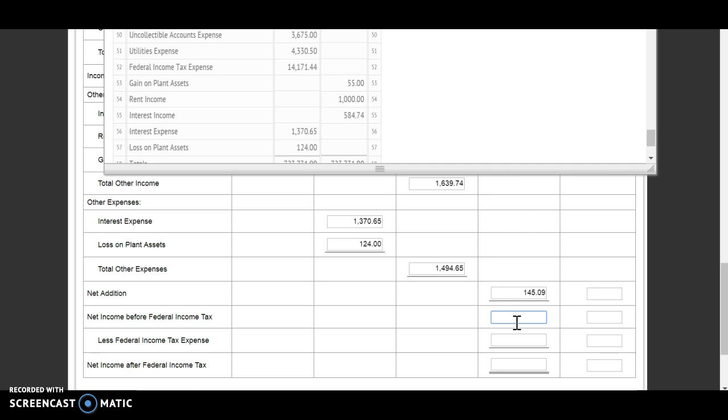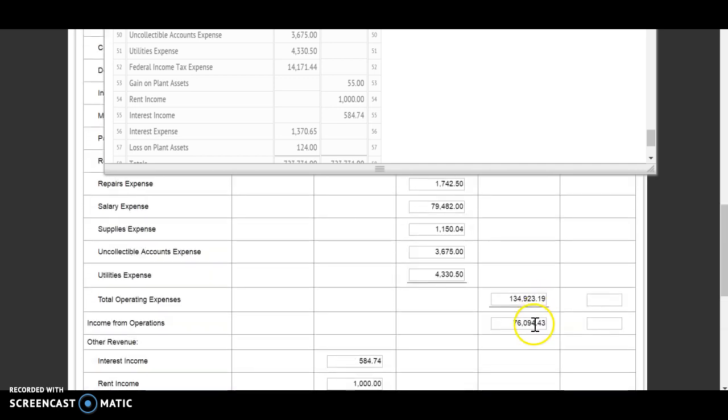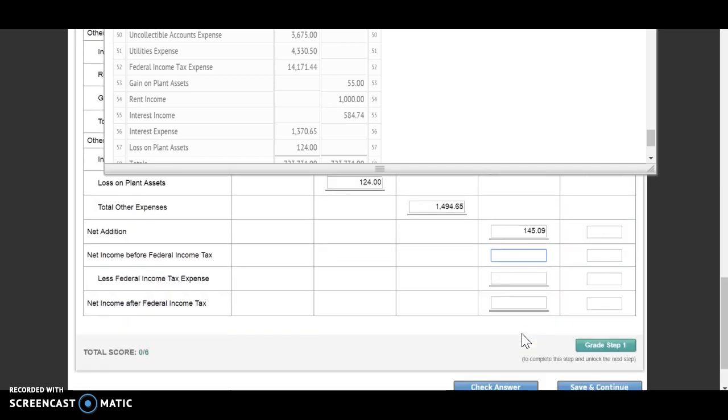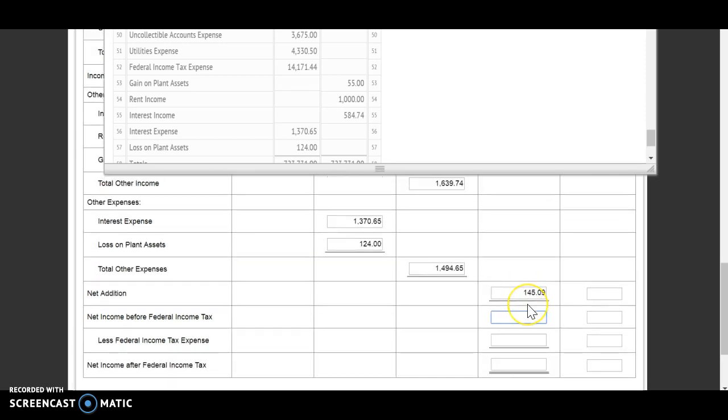Next is my net income before federal income tax. Now, this is a net addition, so I need to add that to my income from operations. So I'm going to add those two numbers together. My net income before federal income tax is $76,239.52. I need to subtract from that my federal income tax expense.